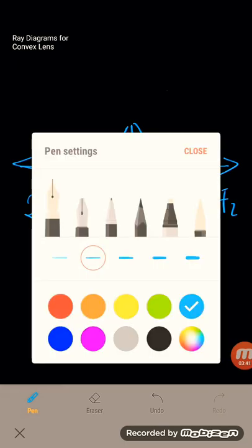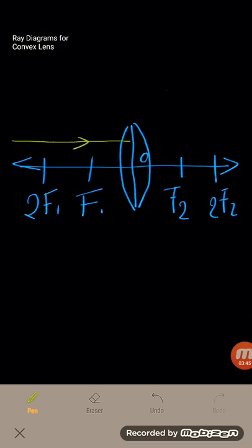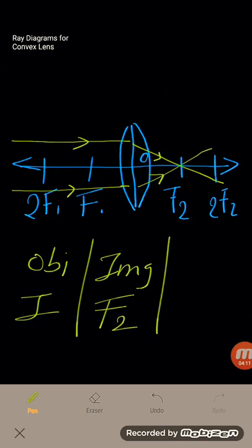So if the object is at infinity, and suppose these are the rays coming from infinity, the rays after getting refracted will pass to the focus, right? And we should draw the arrows. So if the object is at infinity, the image is at f2.